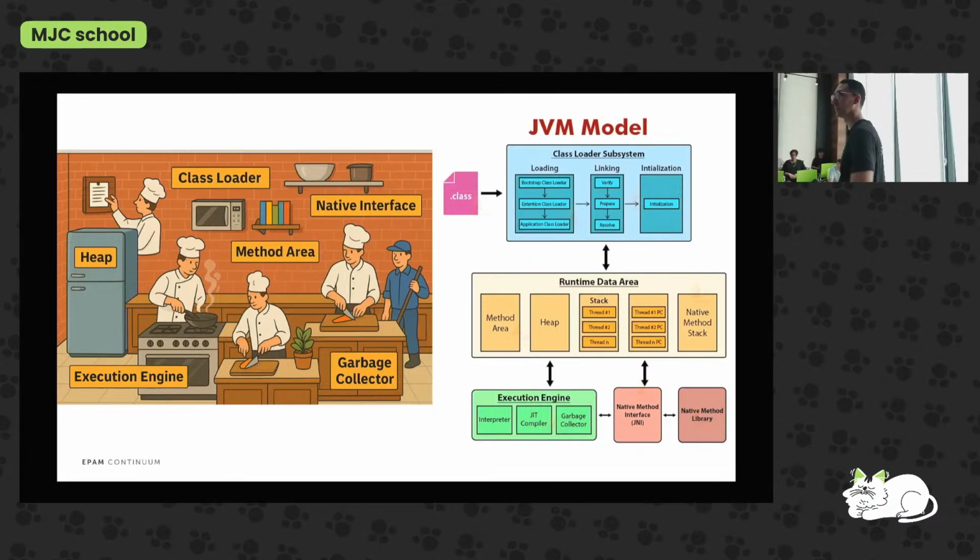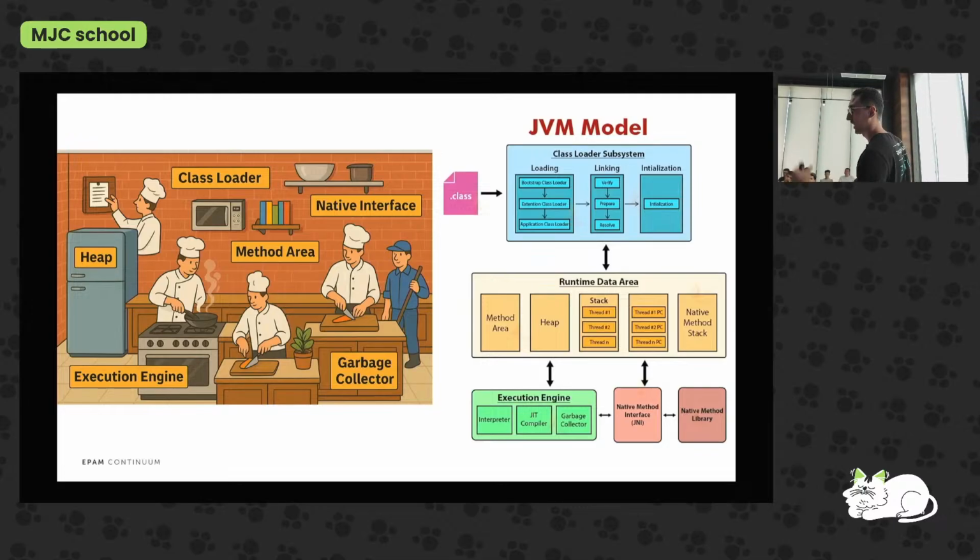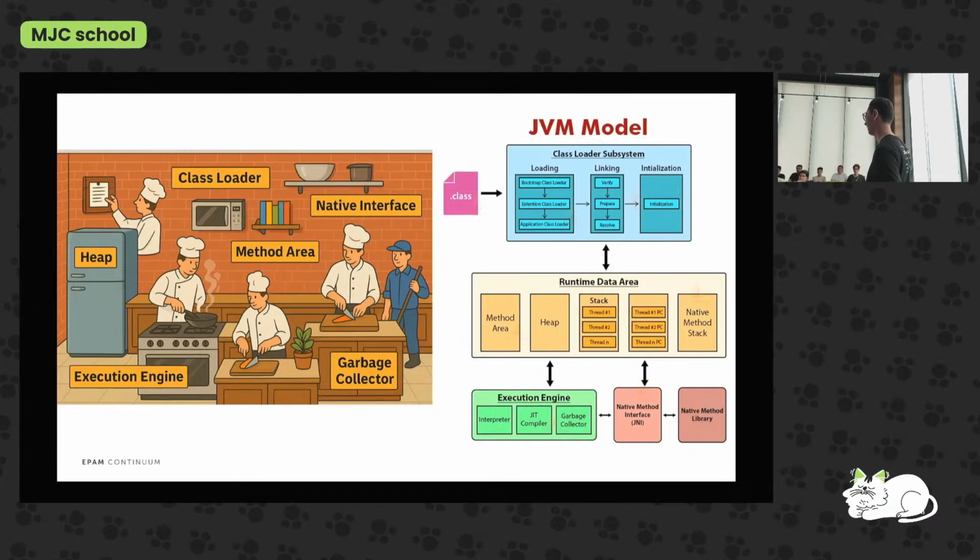As an example of the shared zone, we can refer to the fridge, because the fridge is being used by multiple chefs, yeah. For example, if the chefs get requests to prepare the plov, one chef comes to the fridge, to the heap, and takes what they want, or stores some kind of product, some component of their meal.